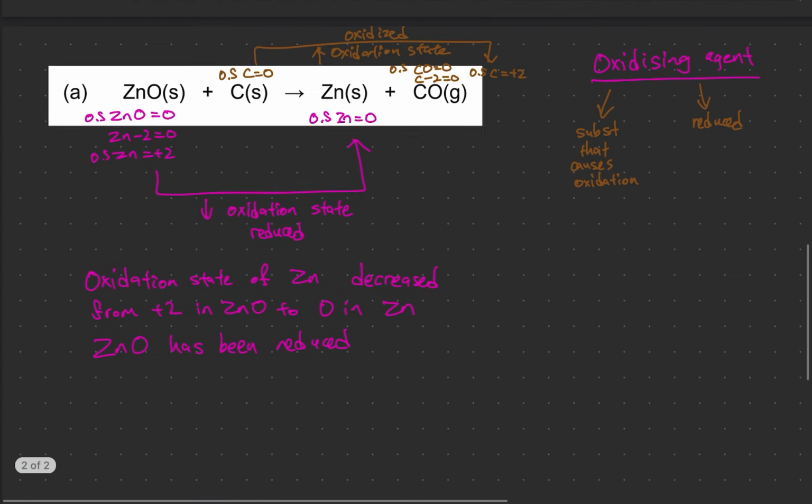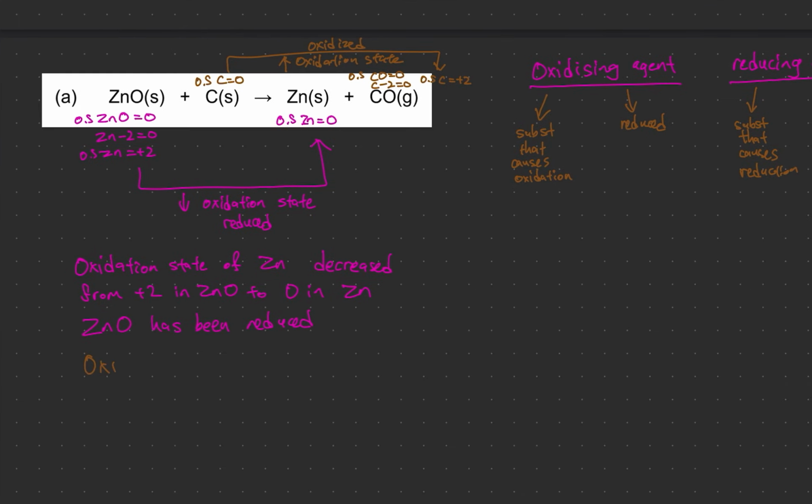And as for carbon, we can say that the oxidation state of carbon increased from 0 in C to positive 2 in carbon monoxide. So therefore, we can say that carbon has been oxidized. And there you have it.